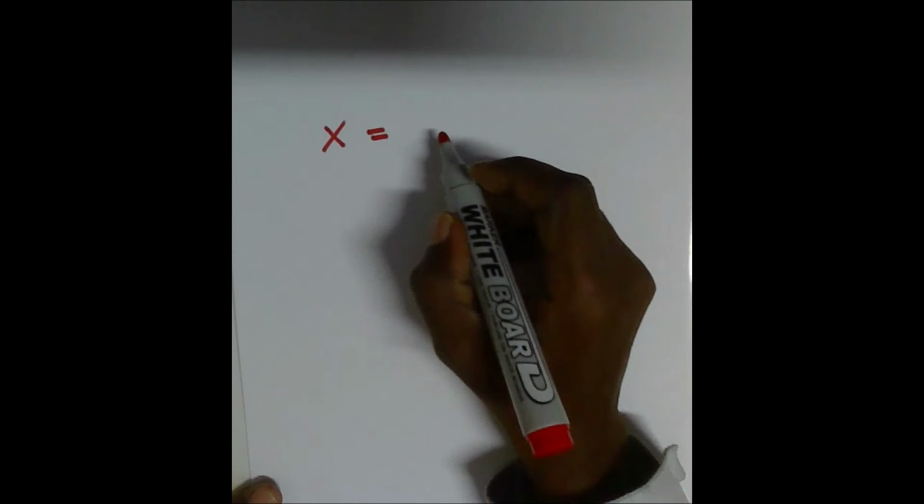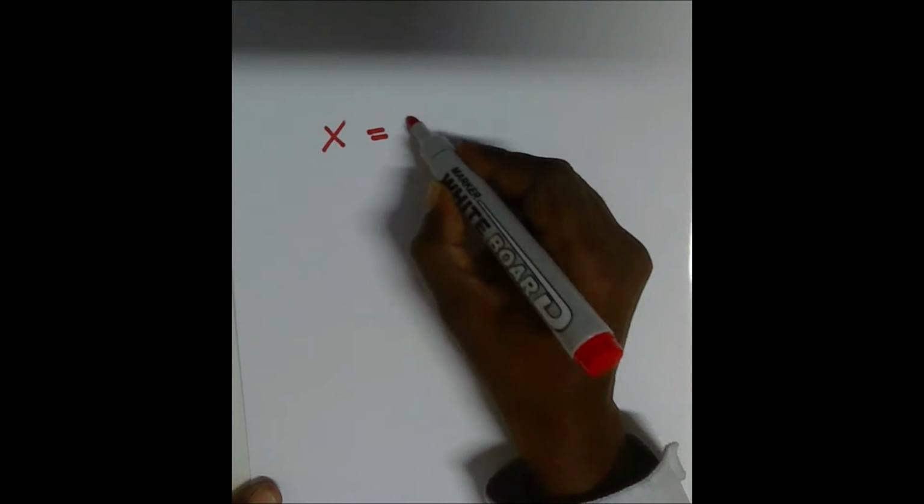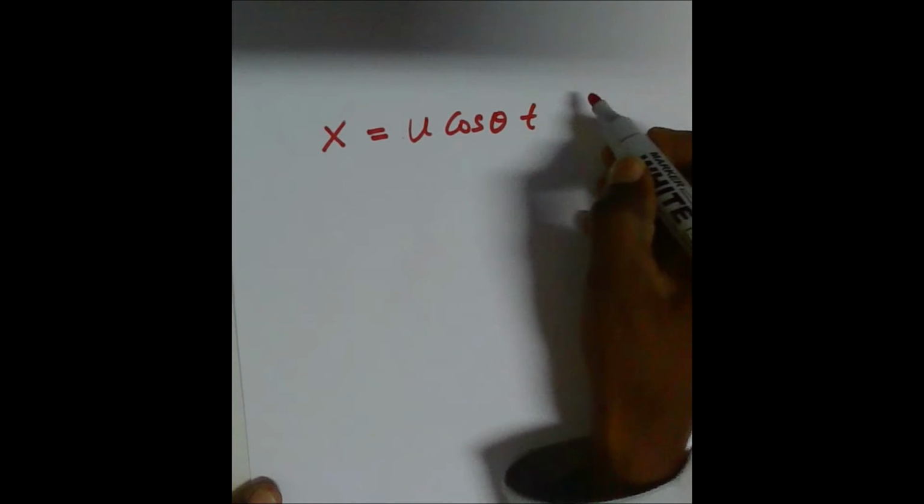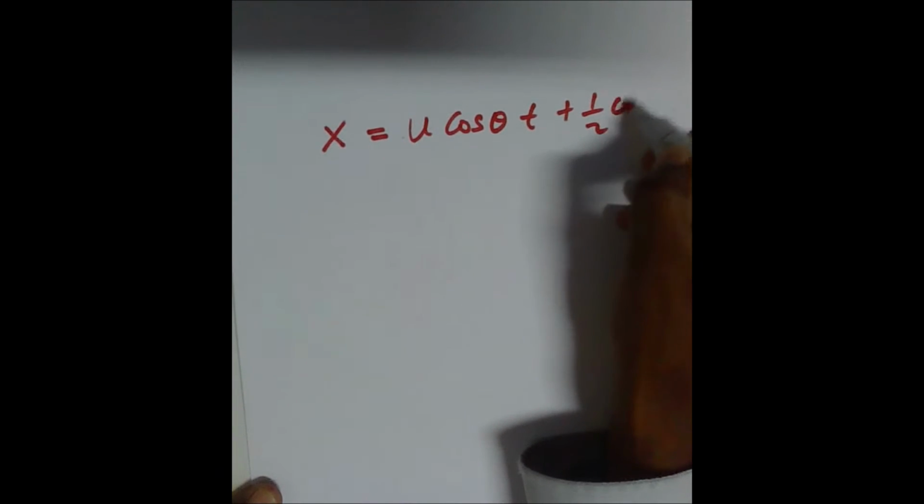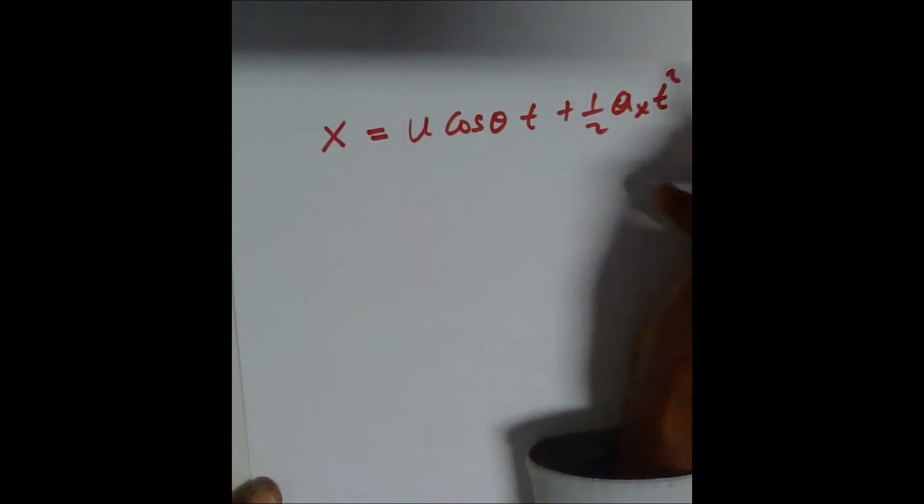Okay, therefore x is equal to u cos theta, which is the horizontal velocity, multiplied by t, plus half times the acceleration in the x direction times t squared.